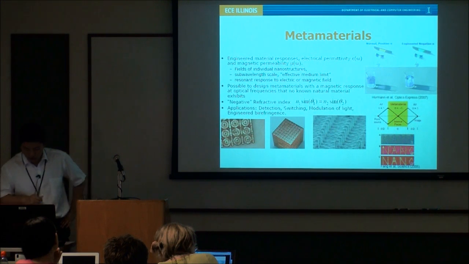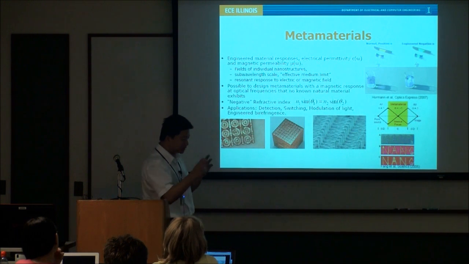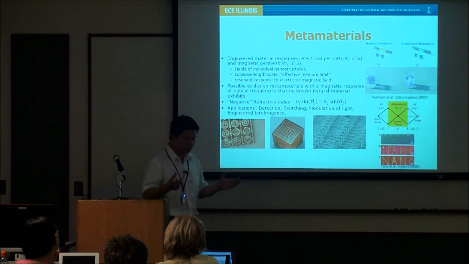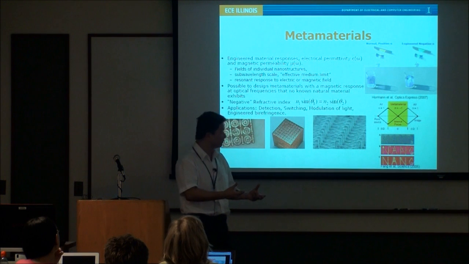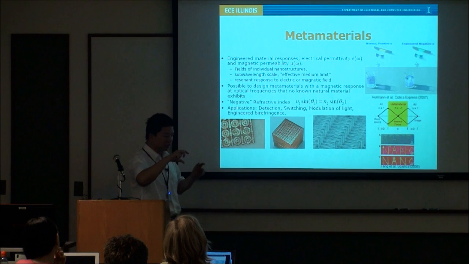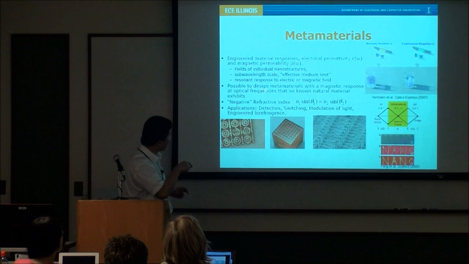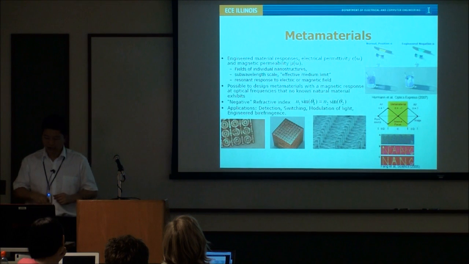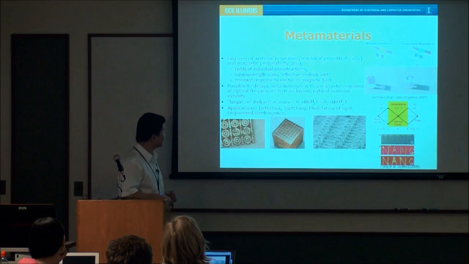If we choose the composition and arrangement of metal and dielectric correctly, for example 80% metal and 20% dielectric, or 30% metal and 70% dielectric, and construct them in a very special way, it's possible to design a metamaterial with a magnetic or electric response at optical frequency that no natural material can exhibit.